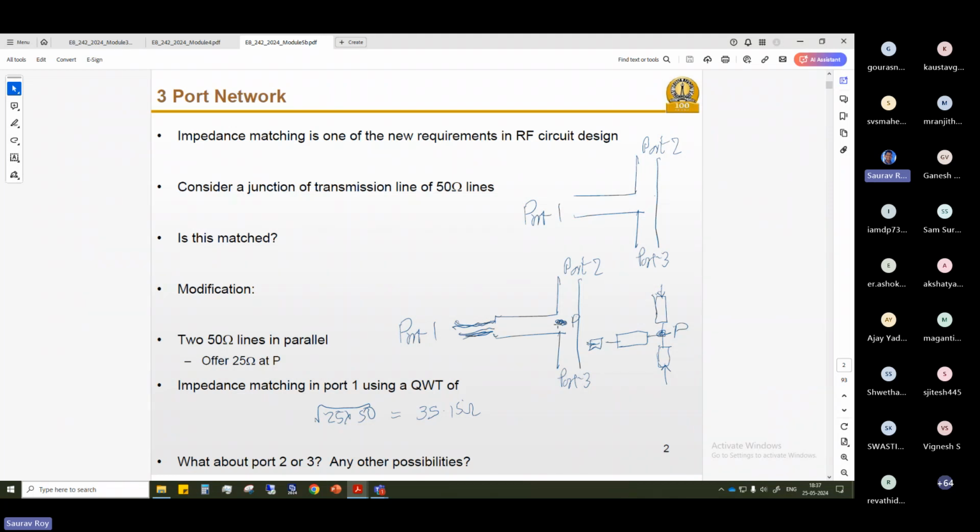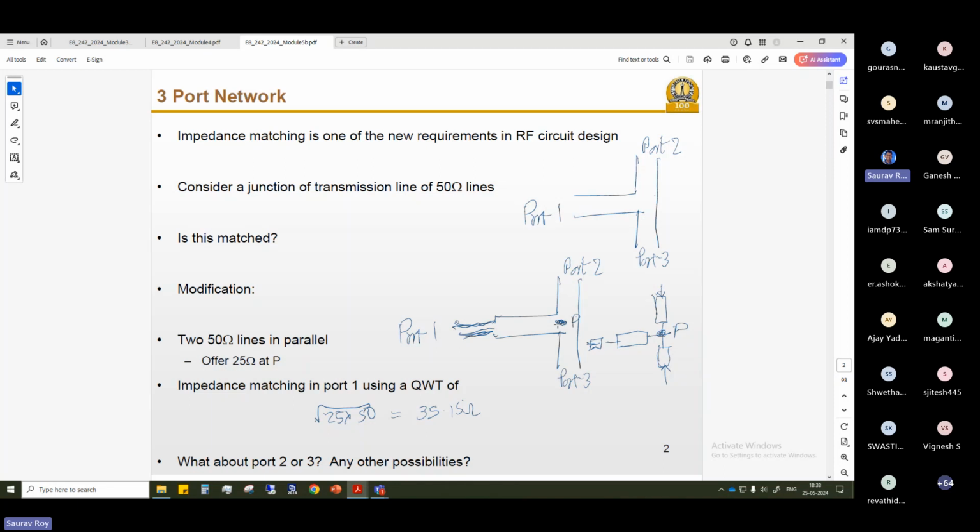Quarter wave means, at your design frequency, a lambda by 4 microstrip line section you can add, whose characteristic impedance Z naught should be such that the section will match the load to the input. Ideally, Z naught is given by the square root of Z in and ZL. That is the design characteristic of a quarter wave line.